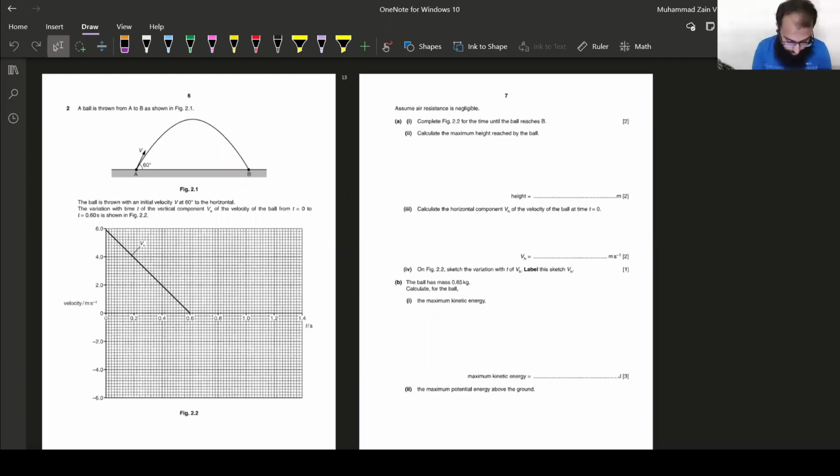Okay, so they have just given me the variation of the vertical velocity v of the ball from time t equals 0 till time t equals 0.6 seconds. Just by looking at this, can someone tell me what this gradient represents?